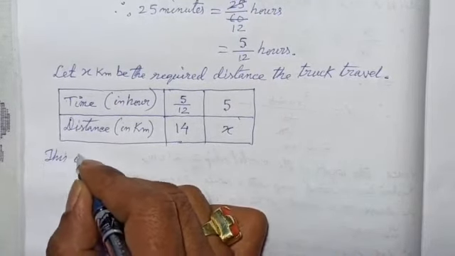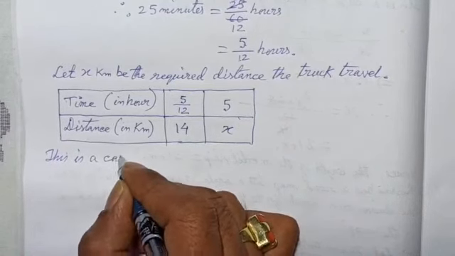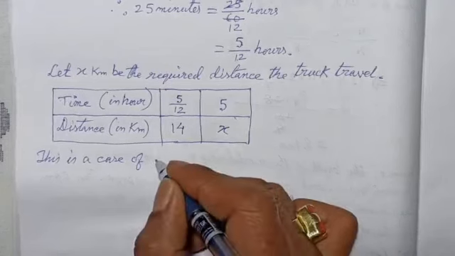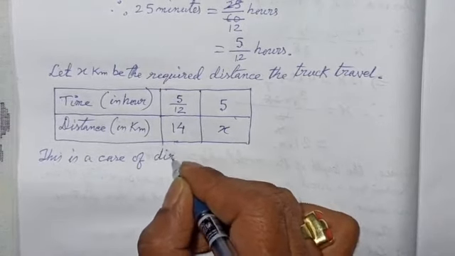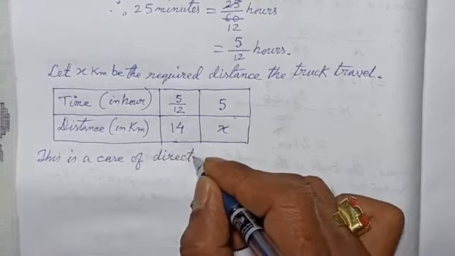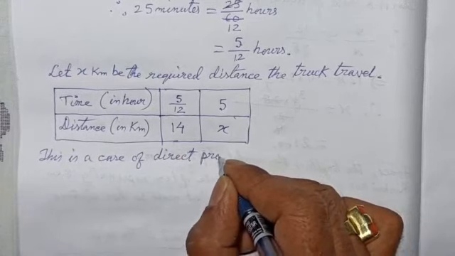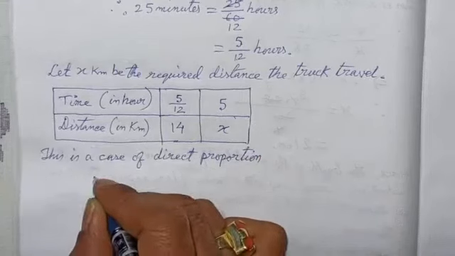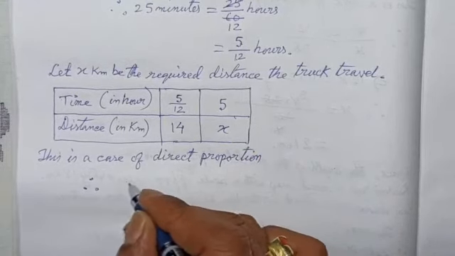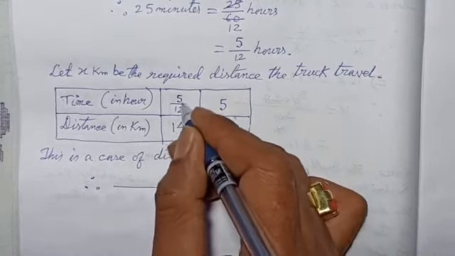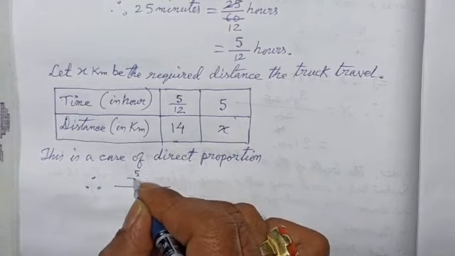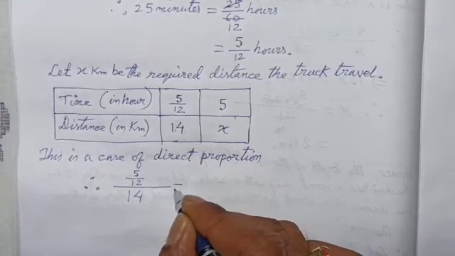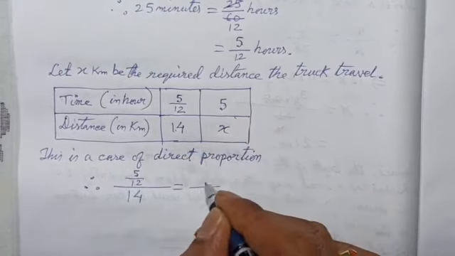This is a case of direct proportion. Therefore, 5 by 12 divided by 14 is equal to 5 by x.